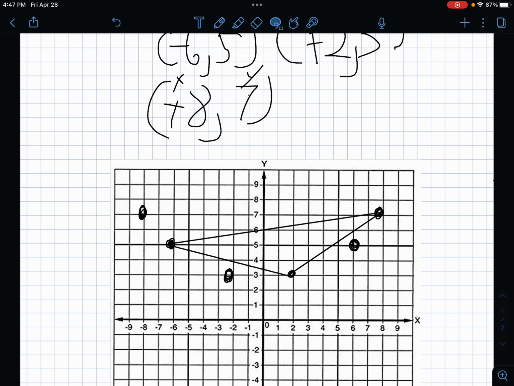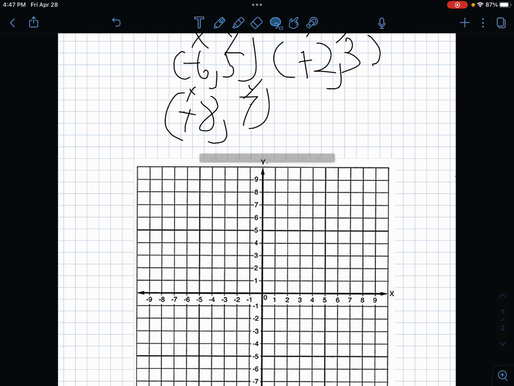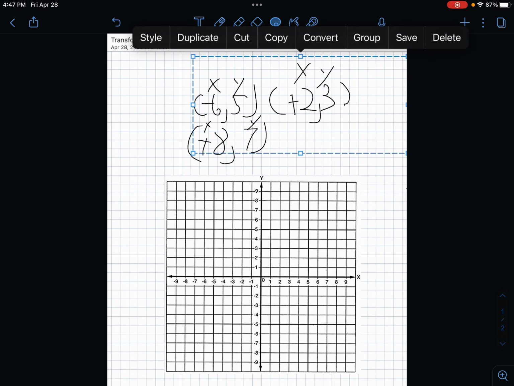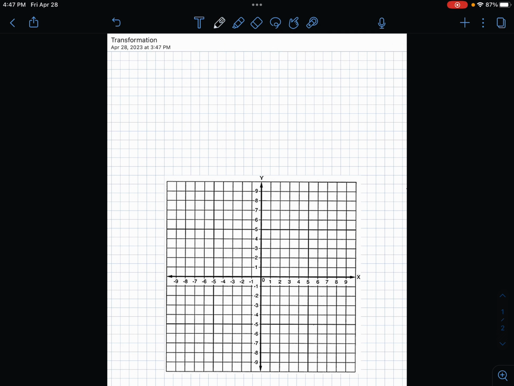Now, let's say your line crosses the x-axis, not the y-axis, sorry.